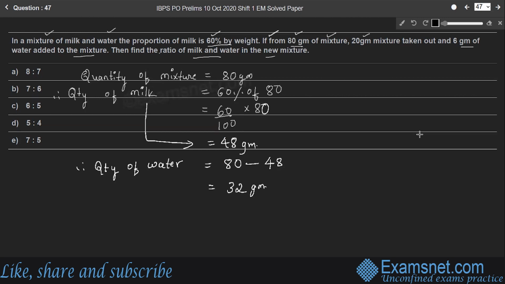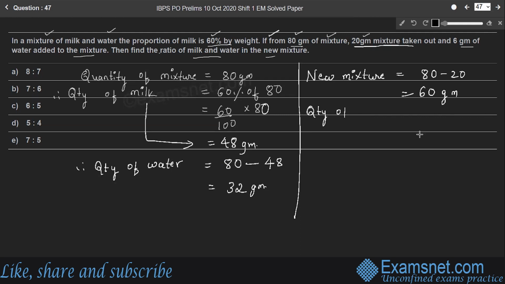So in the next part of the question, from 80 gram of mixture, 20 gram mixture is taken out. Therefore, the new mixture is 80 minus 20, which is equal to 60 gram. In that, what is the quantity of milk?